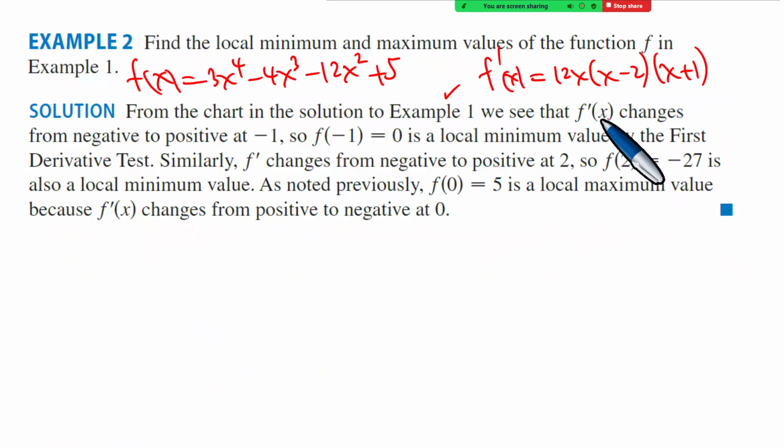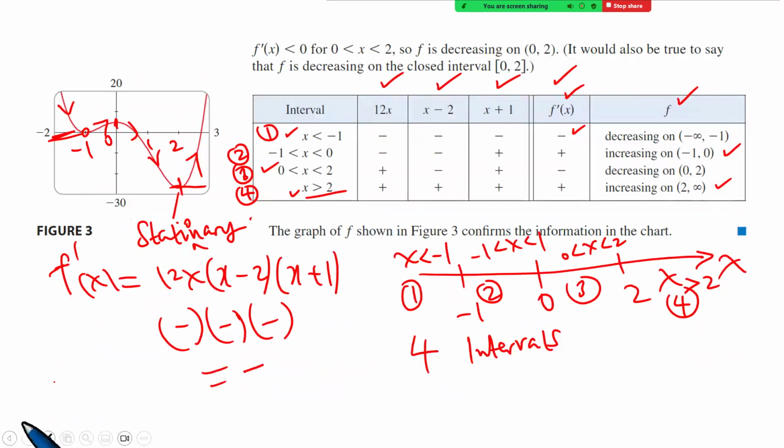We see that f prime of x changes from negative to positive at minus 1. Let's check this one. At minus 1, you can see that it changes from negative slope to positive slope, and this happens at minus 1.